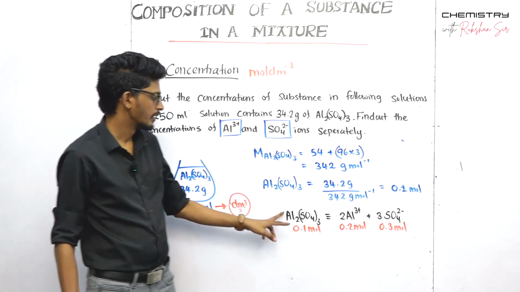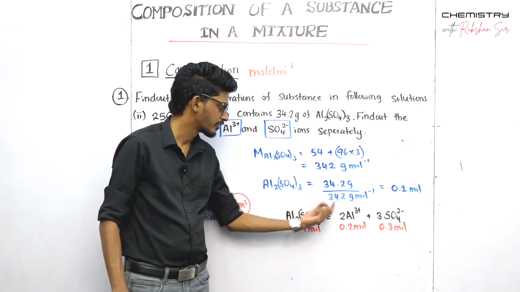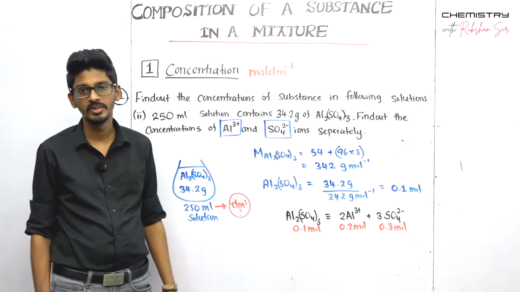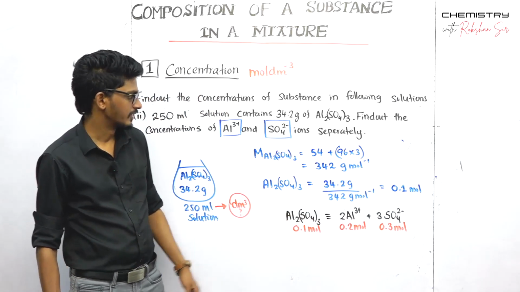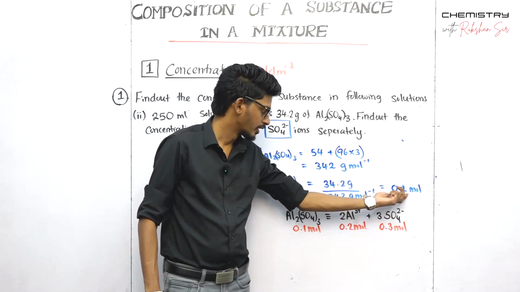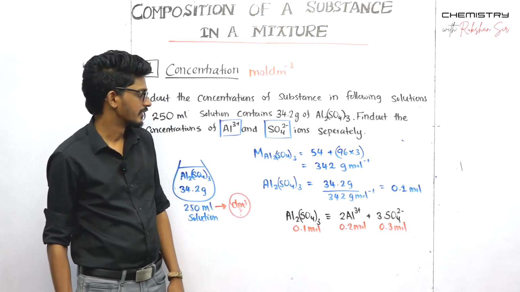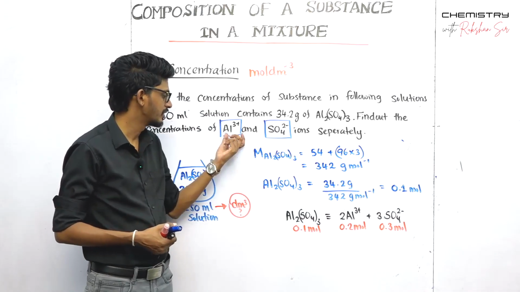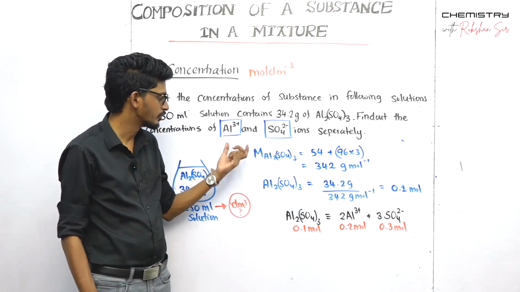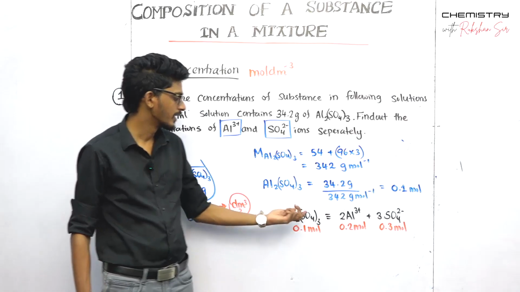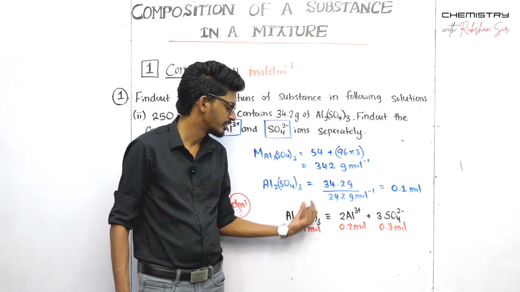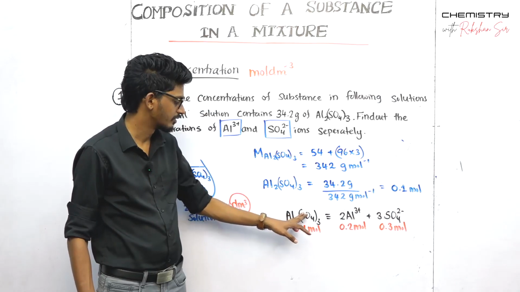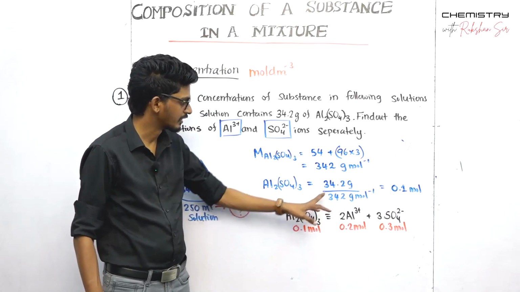First you need to build up a relationship between the known data and the required data. That is what we have done here. In the first lesson we discussed that if we know some data about some species and are supposed to come up with data of another species, first we need to build a relationship between them. The known data is about aluminum sulfate, so we build a relationship between aluminum sulfate and the required Al3+.